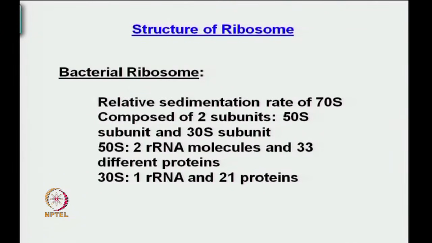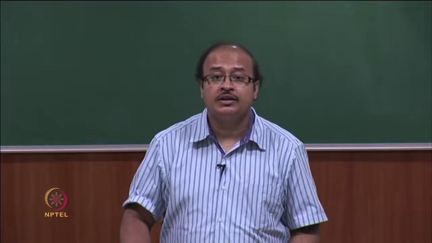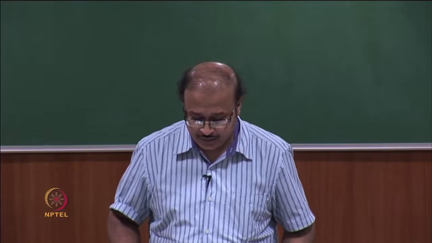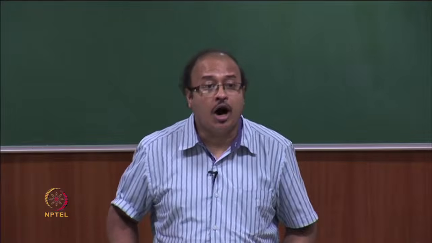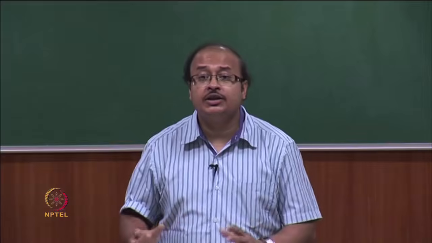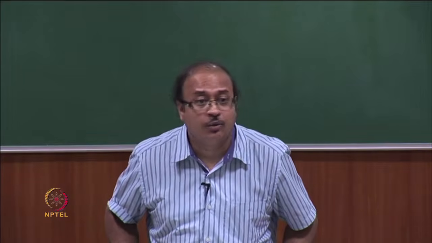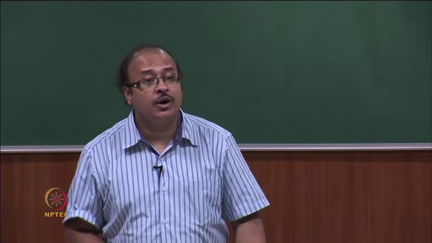So, one subunit is the 50S and the other one is the 30S. The 50S subunit is composed of two rRNA molecules, which are ribosomal RNA molecules, and about 33 different proteins. And what about the 30S subunit? There is one ribosomal RNA and 21 proteins.